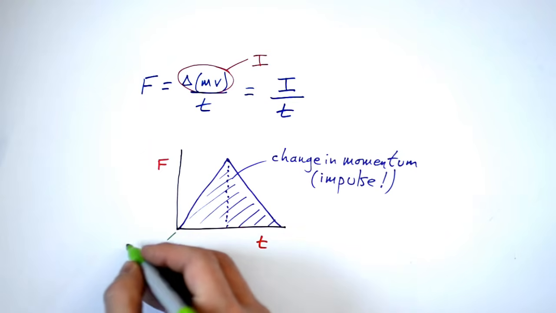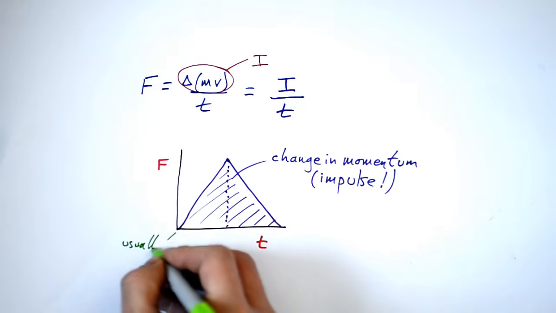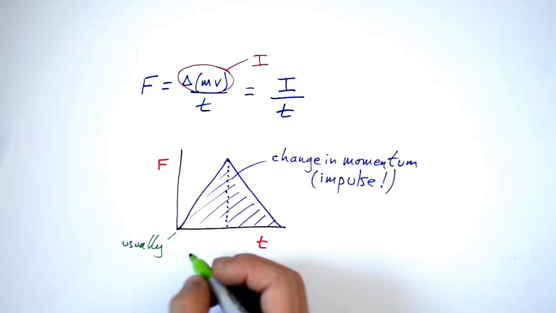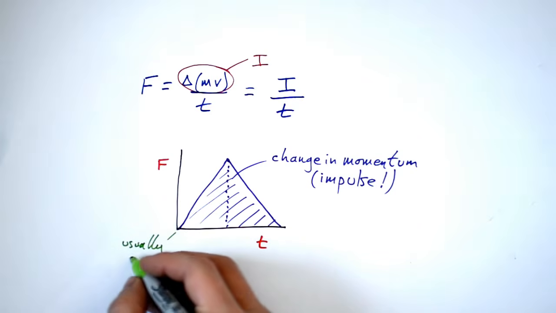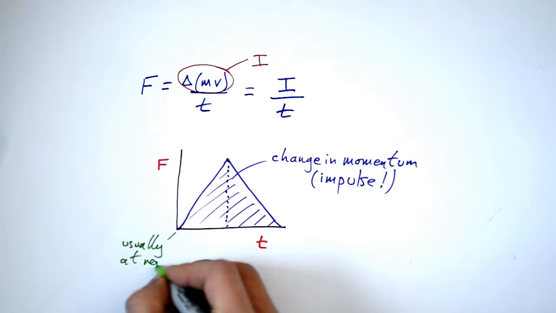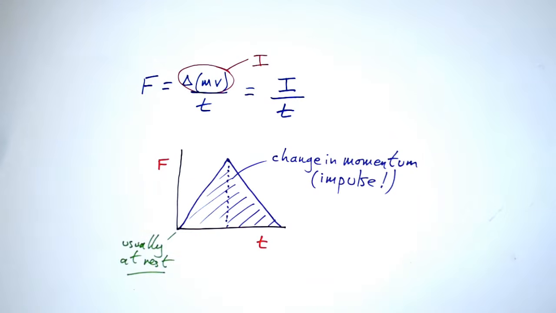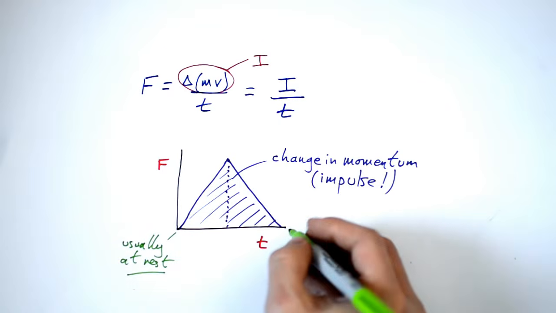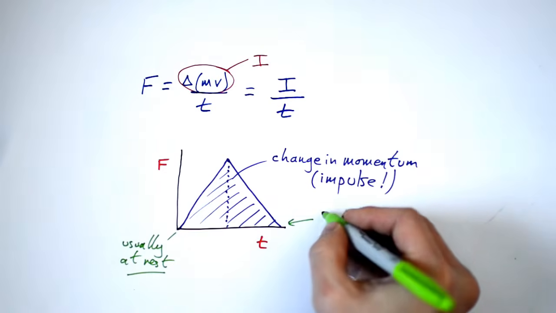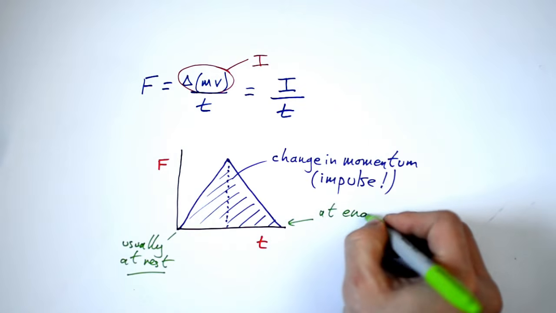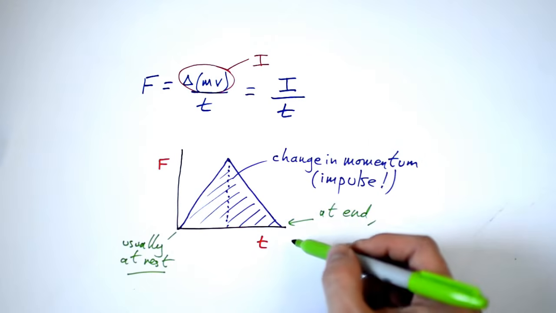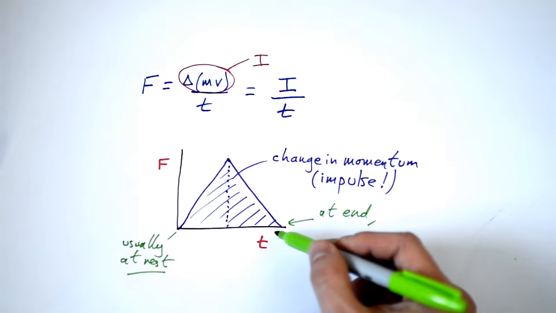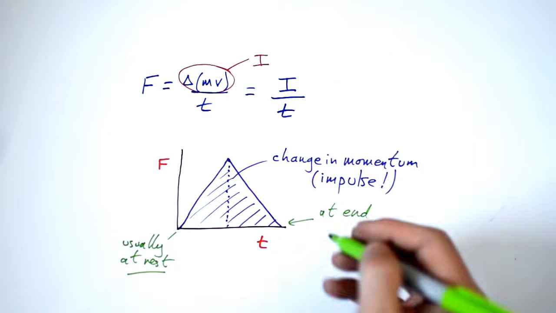Usually, whatever is experiencing this change in momentum starts at rest. So that means no momentum at all. So by the end, the momentum that this object has is going to be the area under the graph because it didn't have any to begin with.